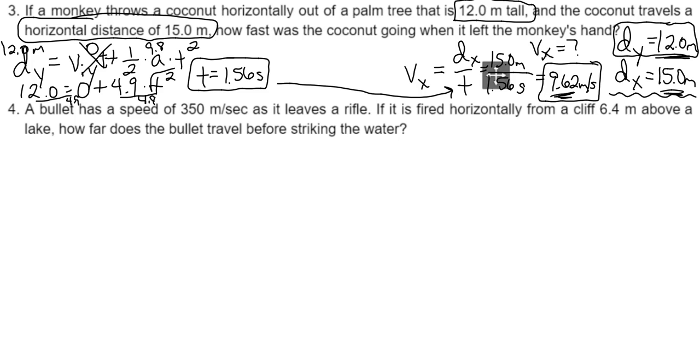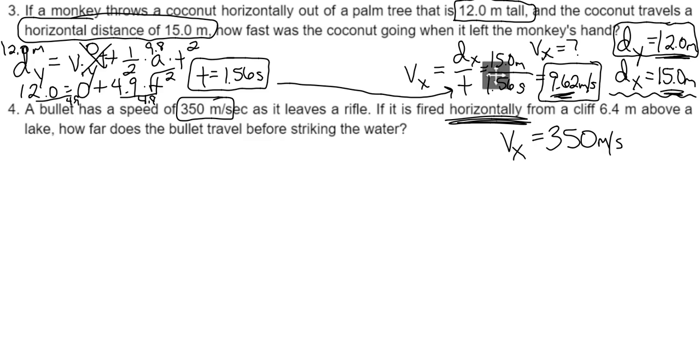Okay, number 4. A bullet has a speed of 350 meters per second as it leaves a rifle. If it is fired horizontally, there's our key, that means that we are going to have some sort of velocity in the x direction. So our velocity in the x direction was what it gave us, 350 meters per second.